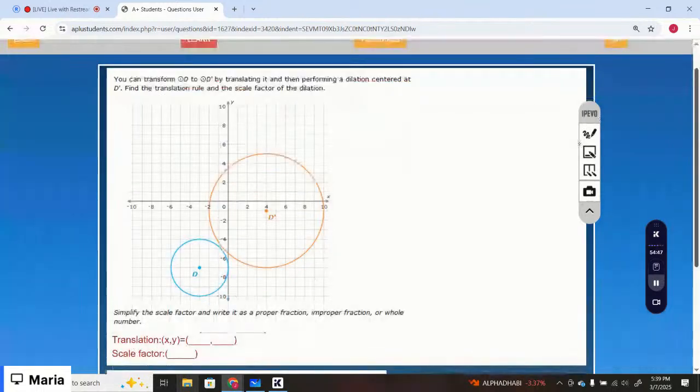You can transform D to D dash by translating it and then performing a dilation centered at D dash. Find a translation rule.